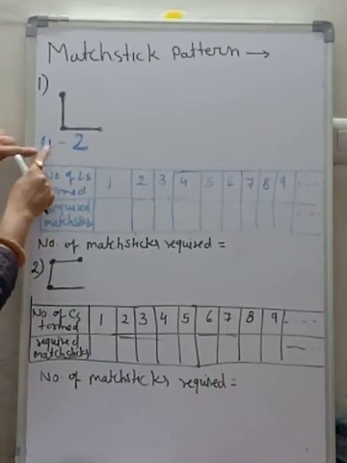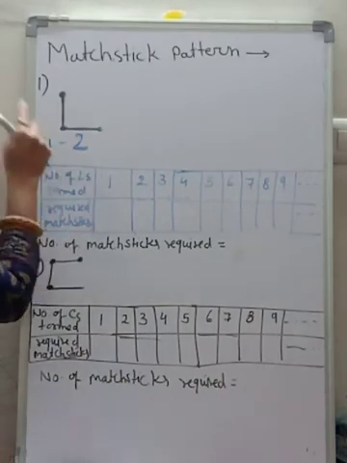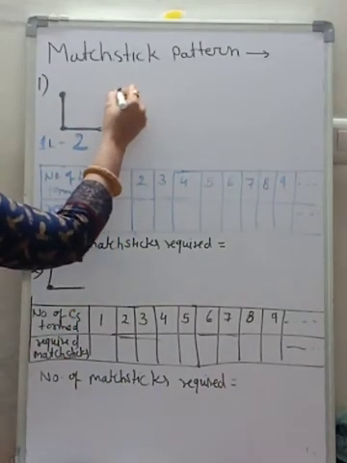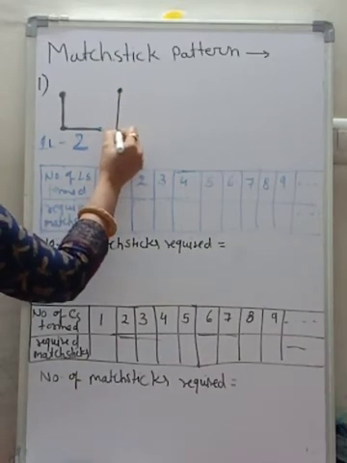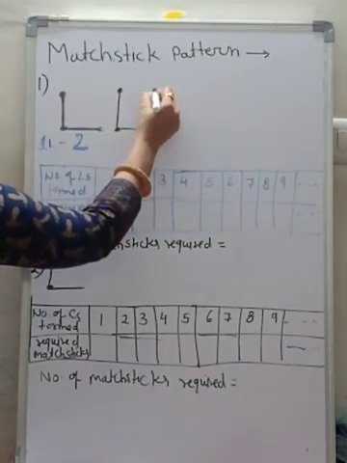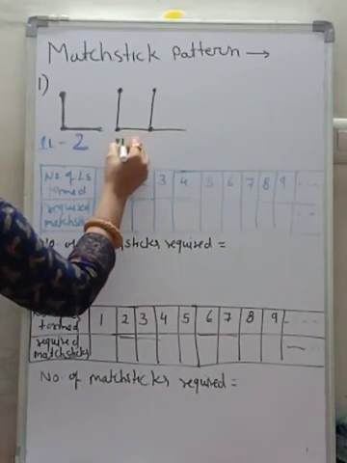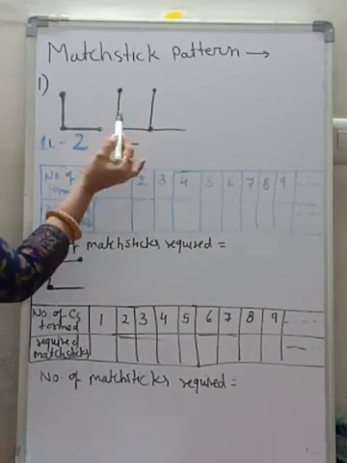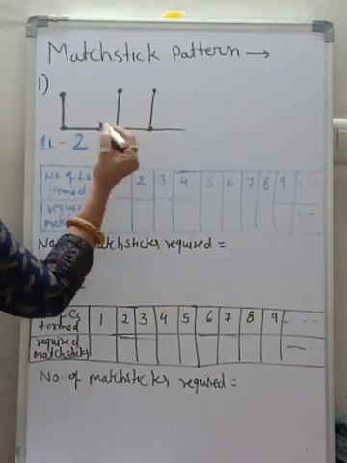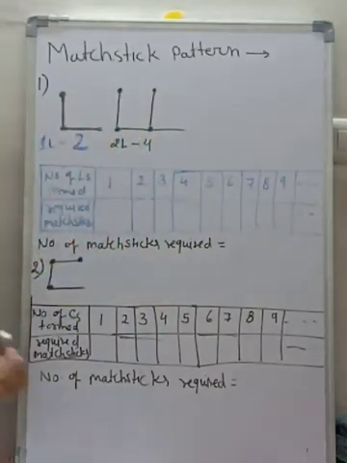Here we have the number of L's and the required matchsticks. Now if you make 2 L's, 2 L's will require 1, 2, 3 and 4 matchsticks. So write down 4 here.